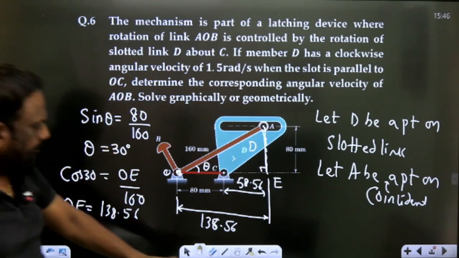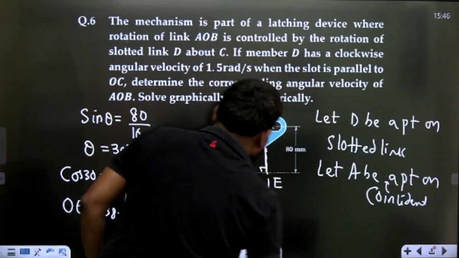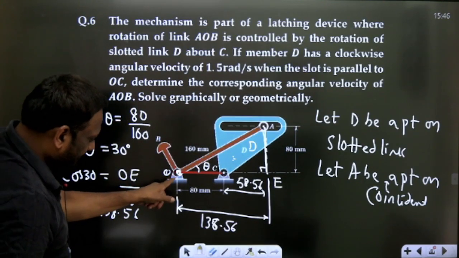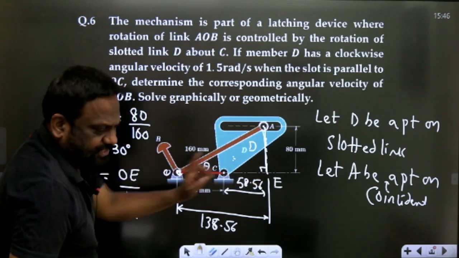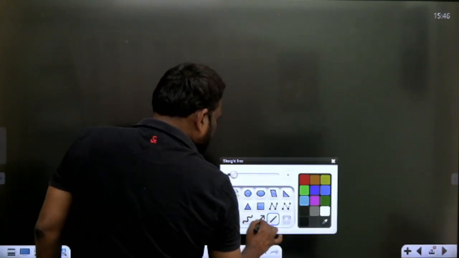Neatly draw करूंगा, थोड़ा bigger view में. Okay, अब देखो. So what we do is, O is extreme left, C is in the middle, and E is extreme right. OCE. ठीक है सर. एक लाइन ड्रॉ करो.